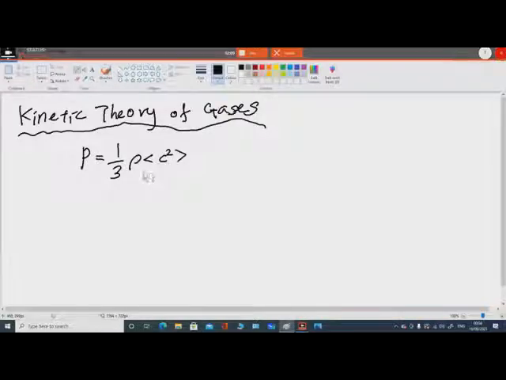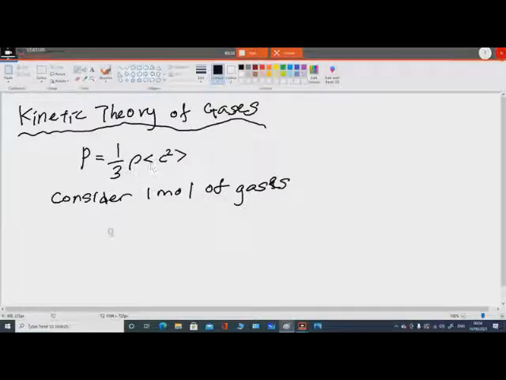Let's consider 1 mole of gas. P equals 1/3 rho C squared.